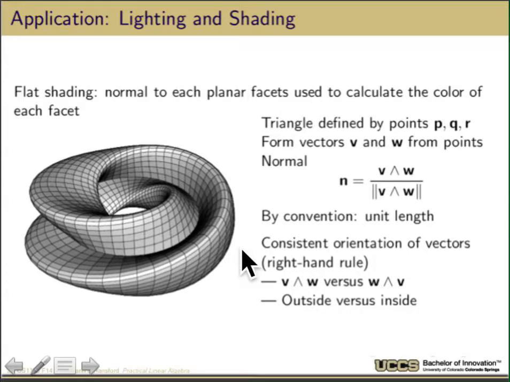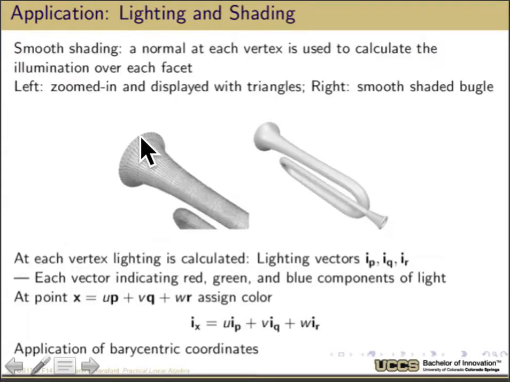Now, if I want to do smooth shading, I actually want to decide where the light source is. I'm going to take the normal at each vertex to calculate the illumination. And so this gives us an idea. Here you can see the individual triangles in this simple cornet. Or I guess it's just a trumpet, no vowels. And as you zoom farther out, you're going to get it smoothly shaded. And we do that by taking each vertex and we calculate a lighting vector.